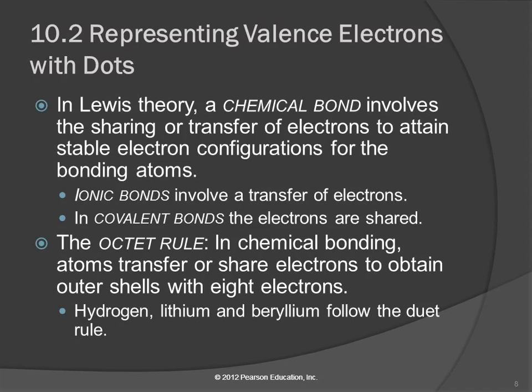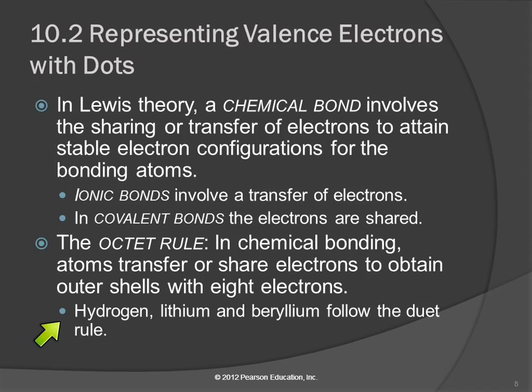Covalent, co means share. Valent refers to valence electrons. A covalent bond is 2 atoms sharing their valence electrons. And they're going to do this in a way to get 8 electrons. And so what we call the octet rule is that in chemical bonding, atoms transfer or share electrons to obtain outer shells with 8 electrons.